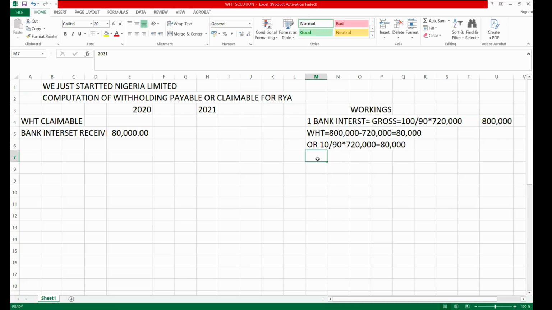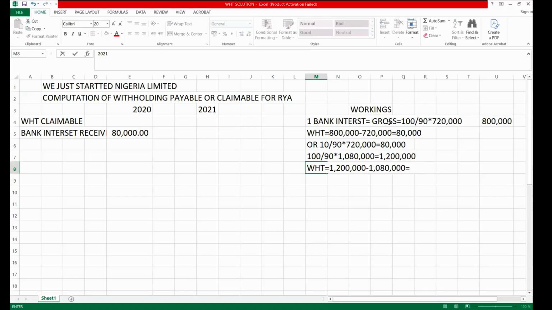You also need to do the same thing for 2021. For 2021, you gross it up: 100 divided by 90, multiplied by 1,080,000. That will give us a value of 1.2 million. So the withholding tax will be equal to 1.2 million minus 1,080,000.